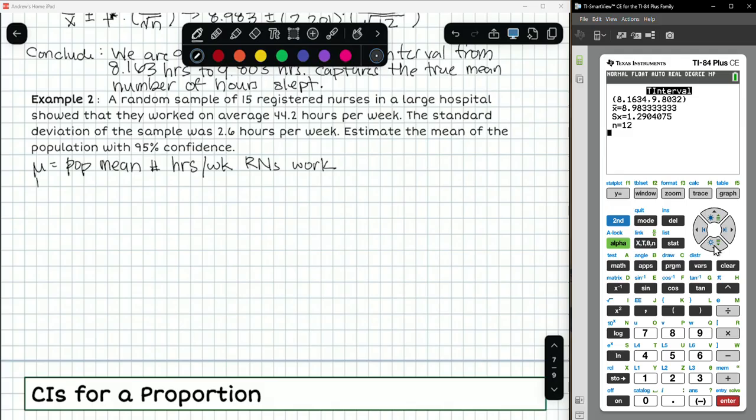It says random sample of 15, so n is 15. Average of 44.2 hours per week, so x bar is 44.2. And then we're told the standard deviation of the sample, so SX is 2.6 hours per week. I'm also given a confidence level, 95%.